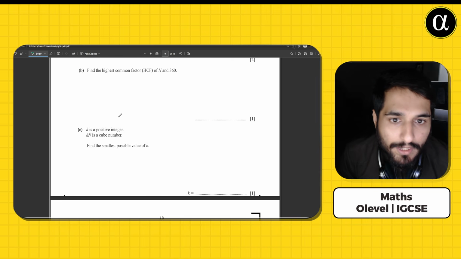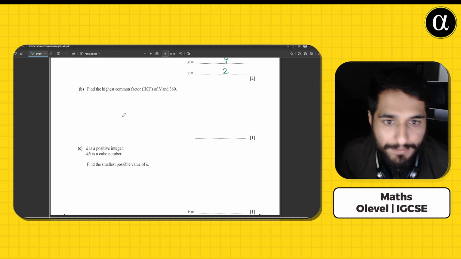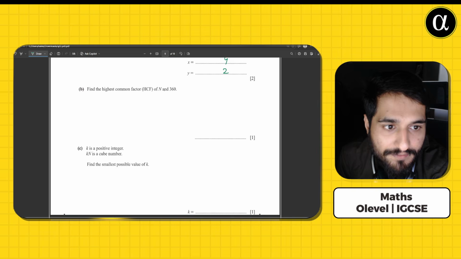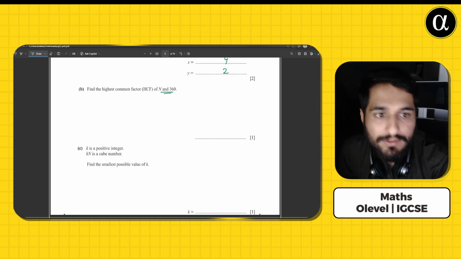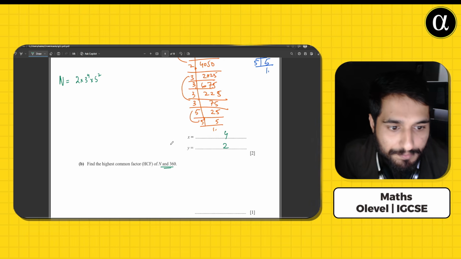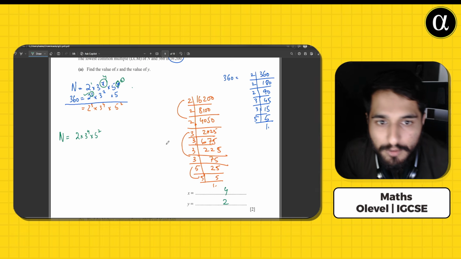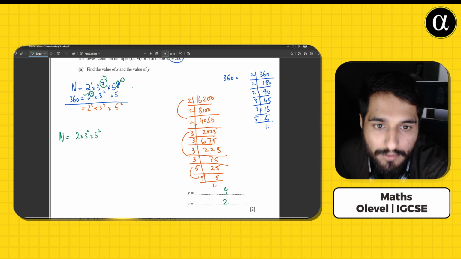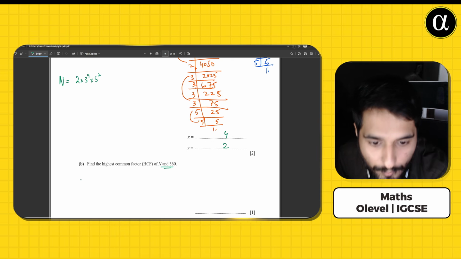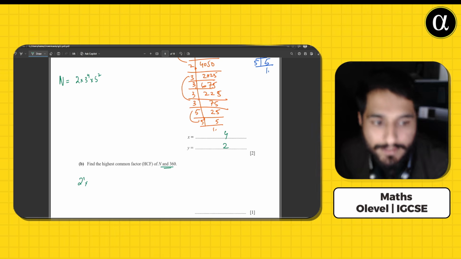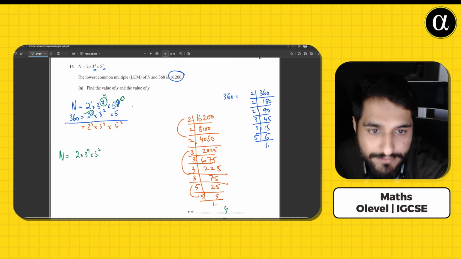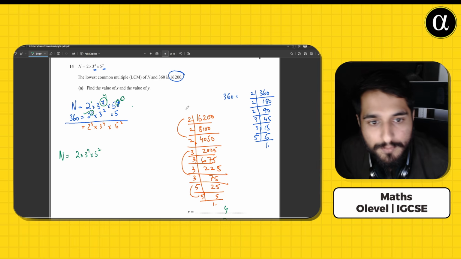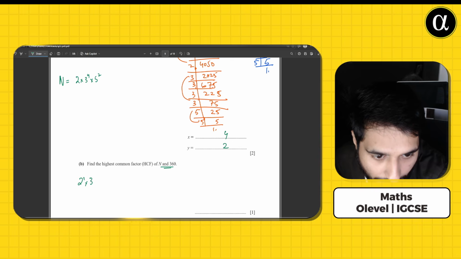Now for part B, we are supposed to find the highest common factor of n and 360. Keep in mind, this is supposed to be the smallest possible combination. The smallest between 2 power 1 and 2 power 3 is 2 power 1. For 3 square and 3 power 4, the smallest is 3 square.